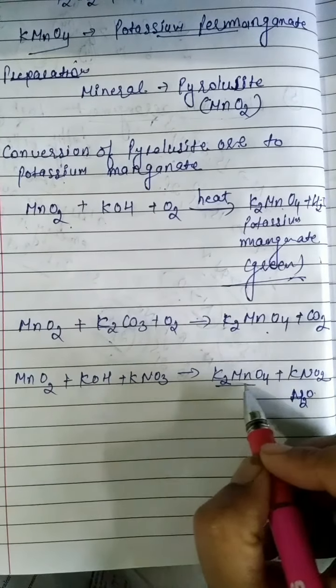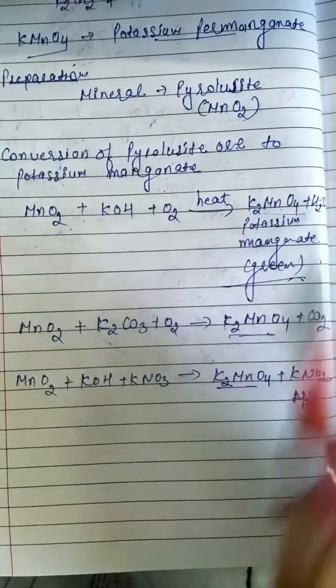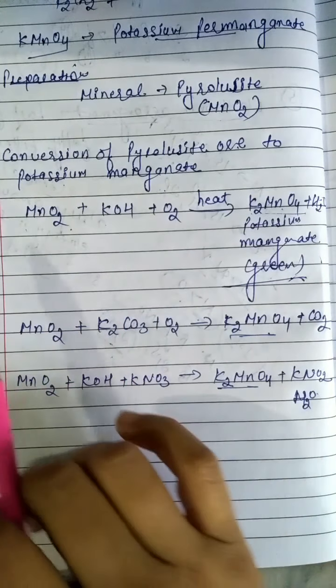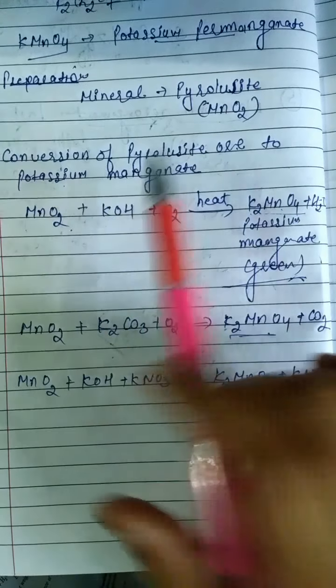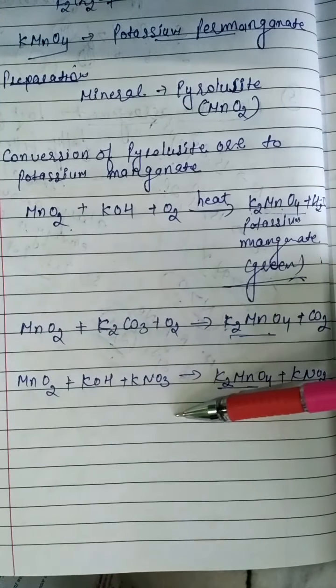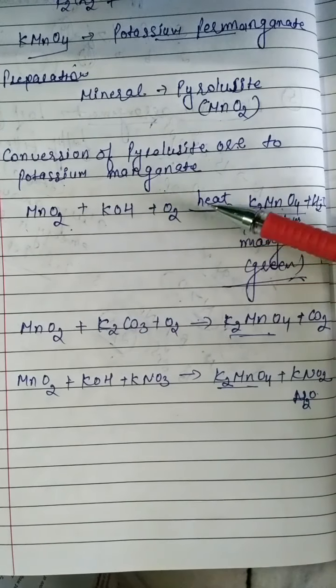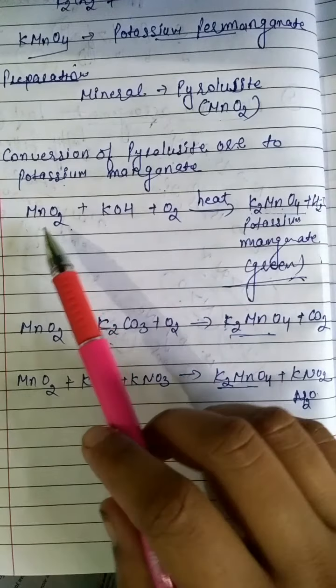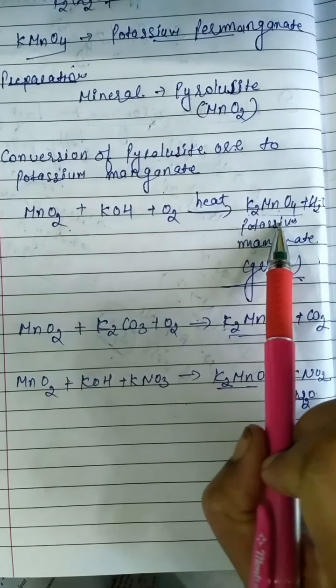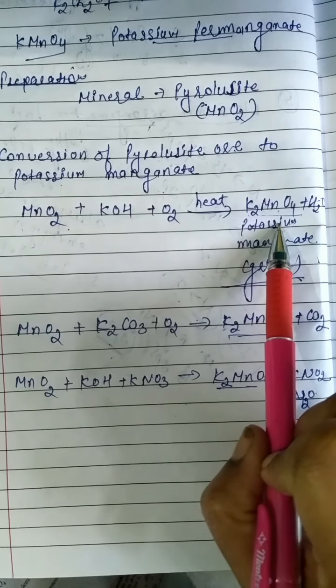In this also we can obtain the potassium manganate. The first step is the conversion of pyrolusite ore to potassium manganate. There are three different methods; you can do any one.